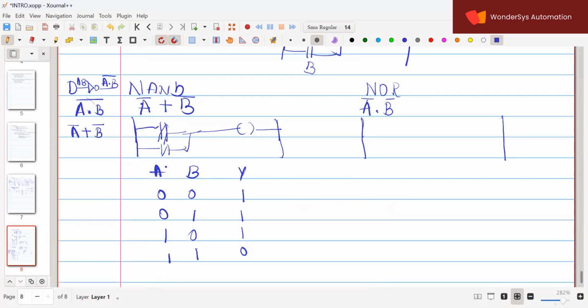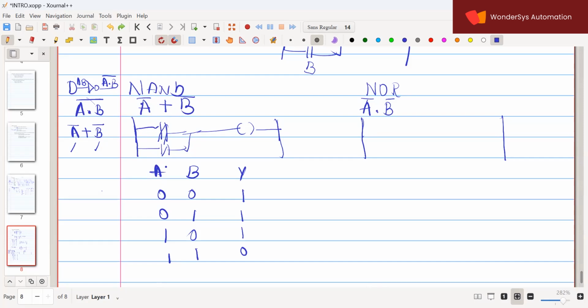Now, this A bar plus B bar is two individual terms added together. Understood? So, therefore, we'll be having a parallel connection.